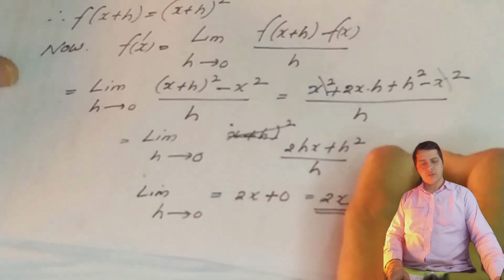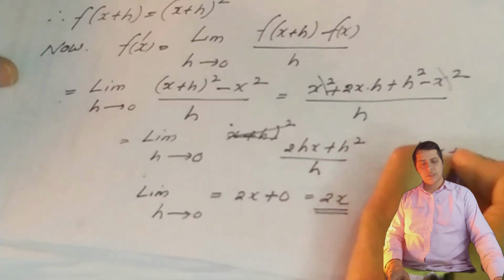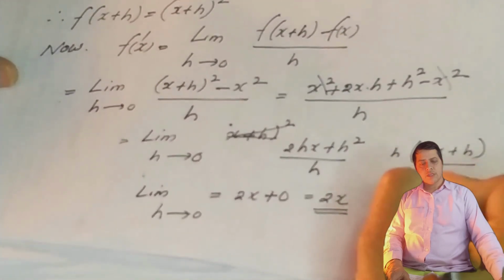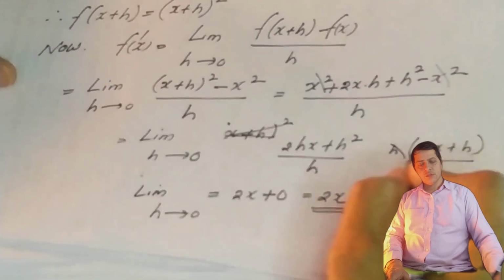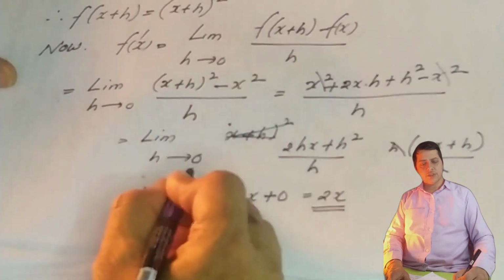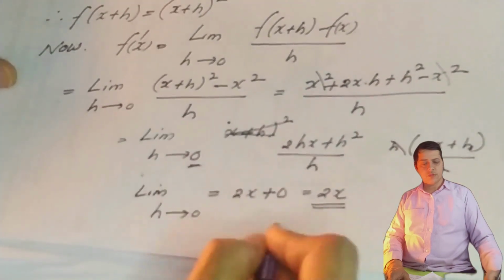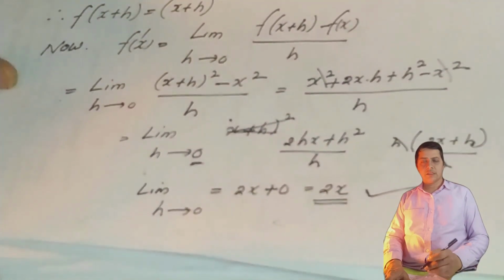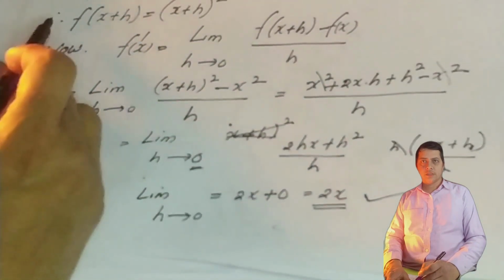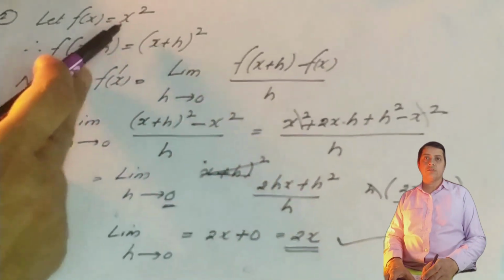Then we got 2x plus h, with h tends to 0. When we took this common h out and cut it, h tends to 0, so we replace h with 0 and we get 2x. So our answer is 2x when f(x) is equal to x square.